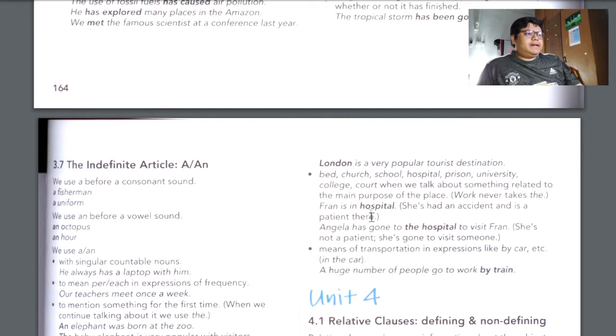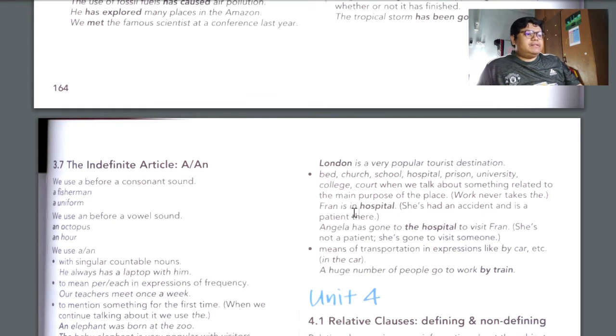Okay, yang dekat atas ni kenapa sebelum perkataan hospital tu tak ada the, sebab friend pergi ke hospital kerana dia sakit, she had an accident. Okay, tapi kalau kita gunakan perkataan hospital tu dan tiada berkaitan dengan pekerjaan-pekerjaan di hospital, so kita akan pakai the.